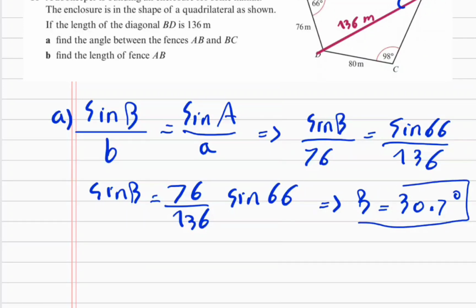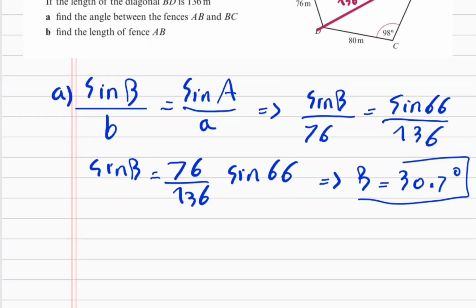Now, we are not done yet because we also need to find this other angle. We apply the same technique on the other side, using another sine rule. We want to find this angle, which is B again.